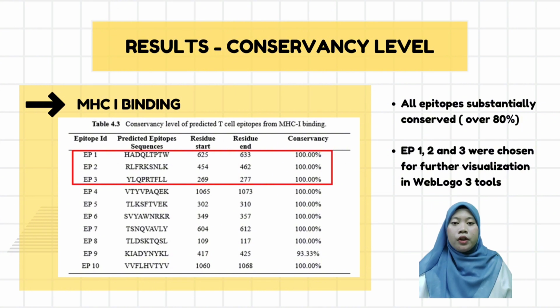Next, we move on to the conservancy level of MHC1 binding. All epitopes are substantially conserved as each one of them is over 80%, even the lowest is 93%. For further visualization in WebLogo 3 tools, epitopes 1, 2, and 3 are chosen to be focused on as they have the highest binding affinity and 100% conservancy level.